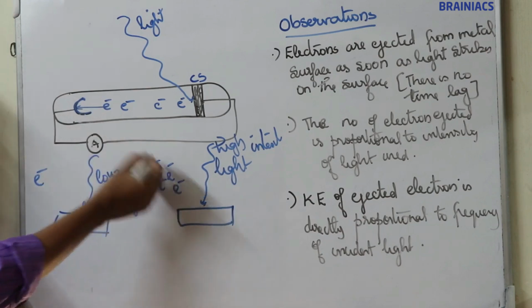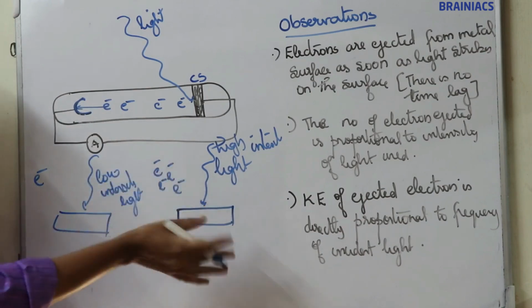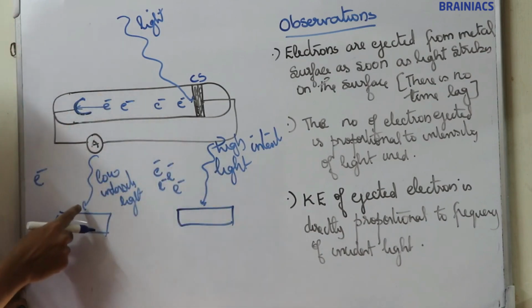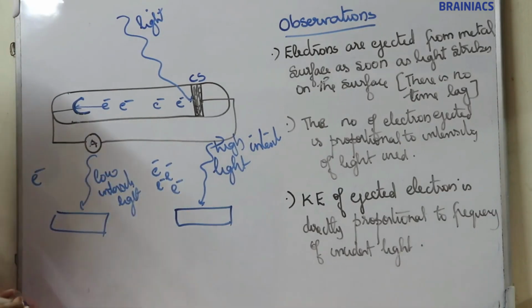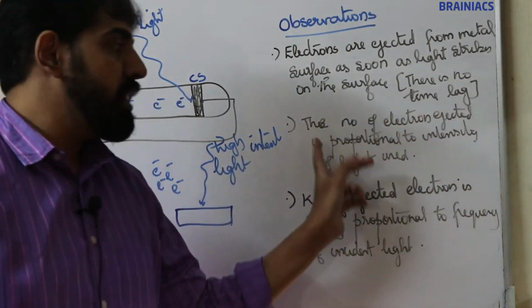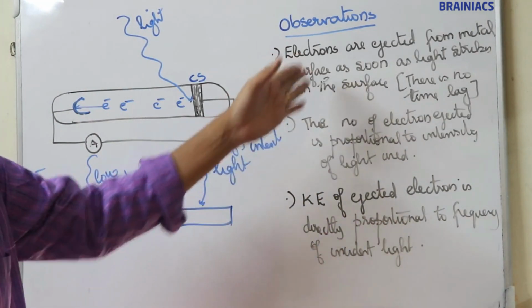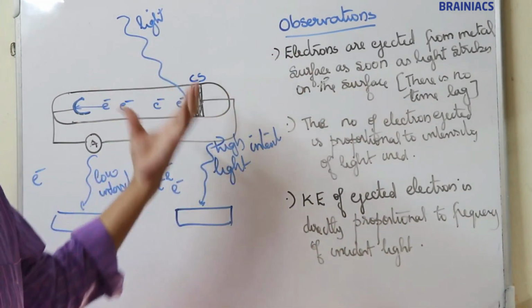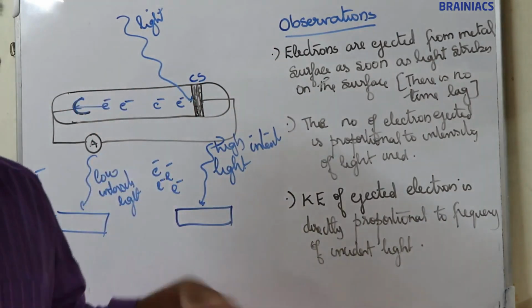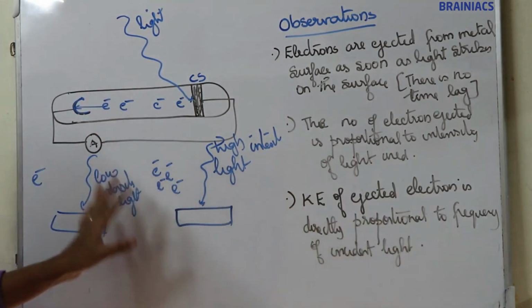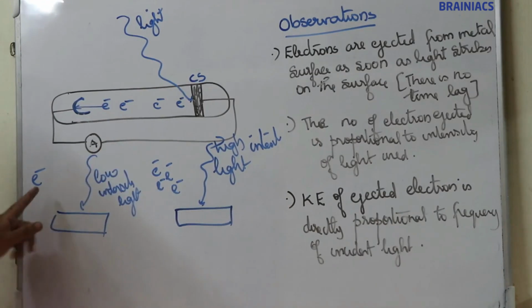When he used low intensity light, the number of electrons ejected is less.